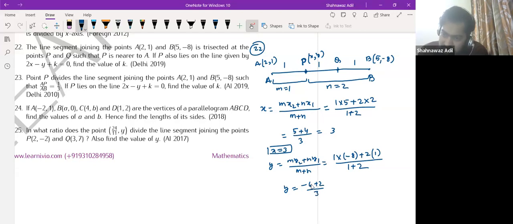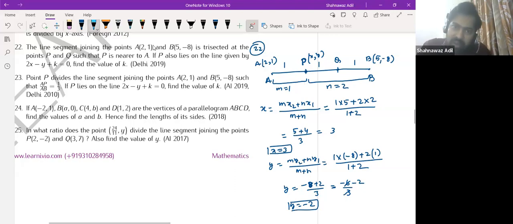So minus 6 divided by 3, so minus 2. Y is minus 2. So this point is how much? This is 3 comma minus 2. So we have done up to this part. We have solved up to this part.